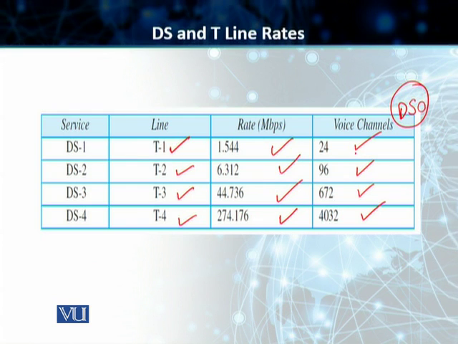So 24 DS0s make up our DS1, and that is carried using a T1 line. 96 DS0s make up our DS2 service, and that essentially makes up our T2 line. Similarly, 672 DS0s make up our DS3 service, and 4032 voice channels or DS0 lines make up a DS4 service.